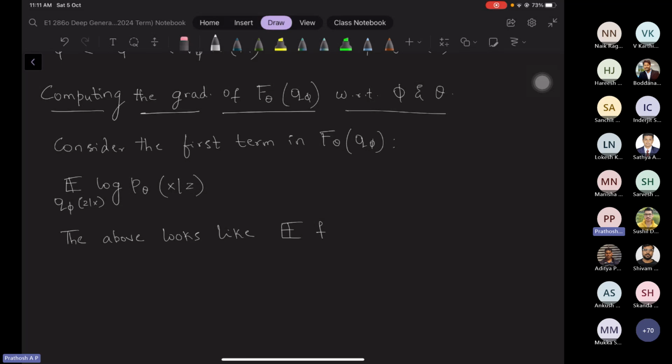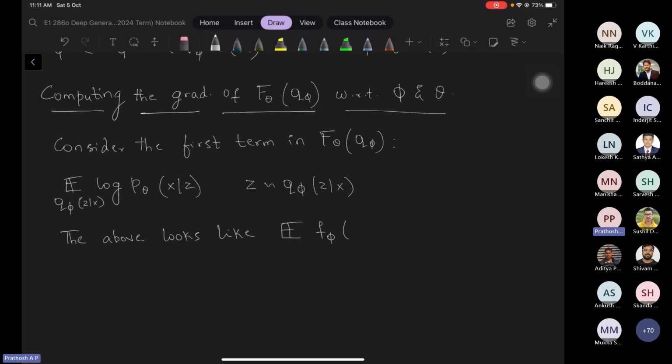Please note, what is this z in x given z? The z is being sampled from q phi of z given x, right? So this entire thing, whatever the log of p theta of x given z is, that is also a function of phi. Do you understand that? Please let me know if you don't understand.